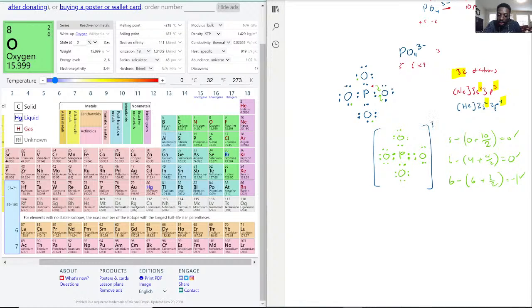So exactly, the negative, actually I can keep that there then. Okay, where are the other ones? There we go. So this would be the structure for it, the Lewis structure.